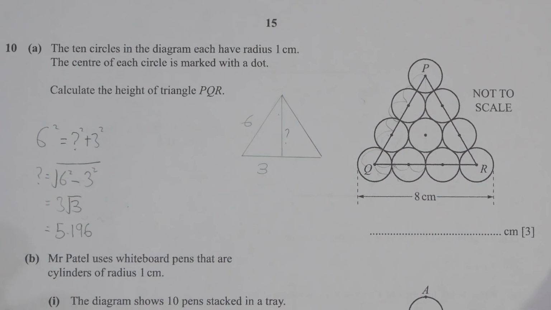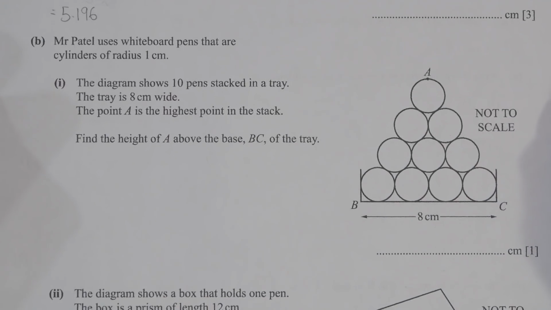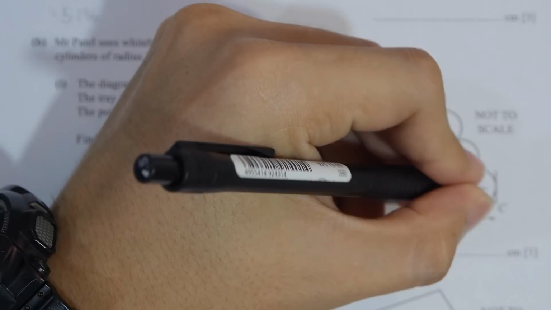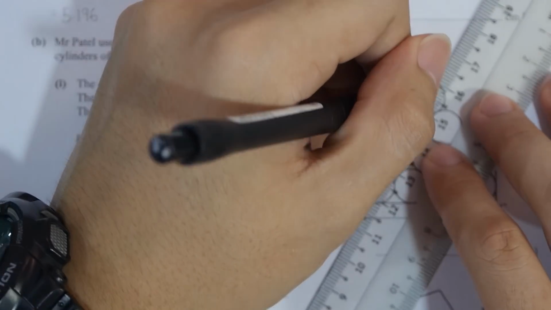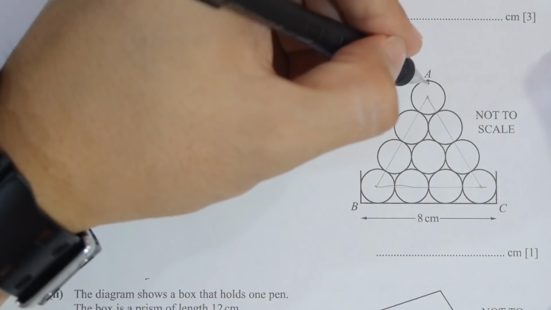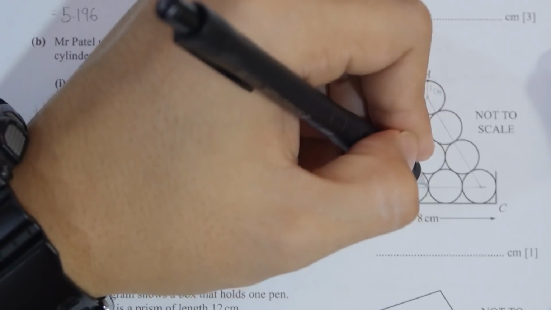Part B is actually interrelated with part A, because the radius is 1, so simply add 2 to the answer from part A, then you'll be able to get part B's results.